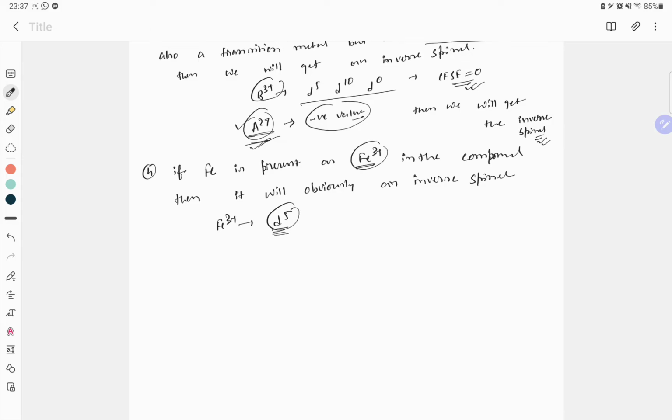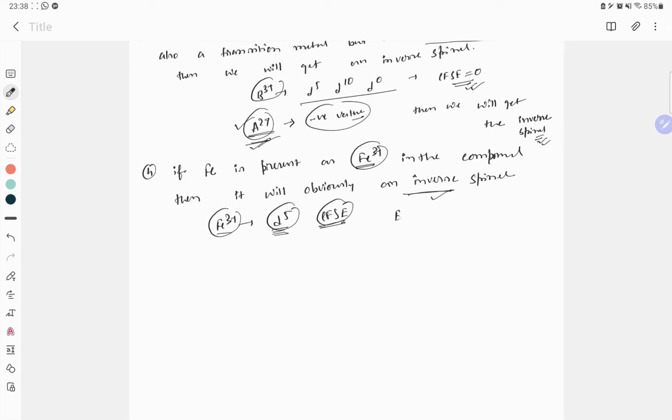If there is Fe3+, we'll take it as an inverse spinel, because Fe3+ is a d5 system and CFSE is 0. Any transition element attached with Fe3+ makes the compound obviously an inverse spinel.